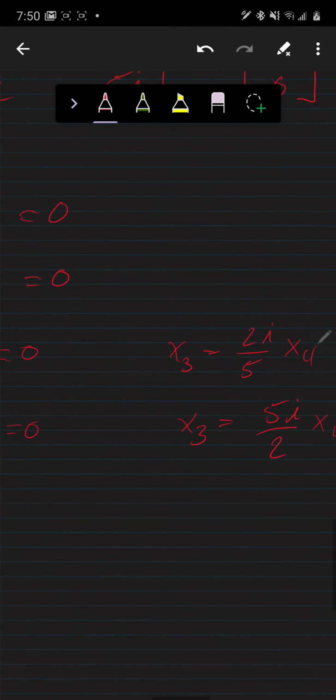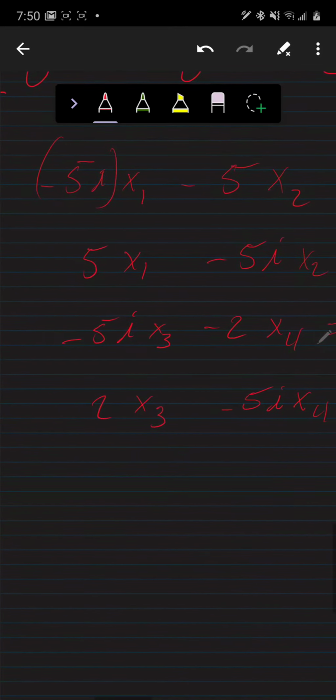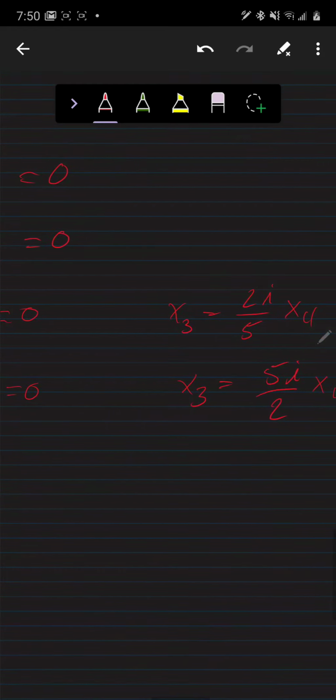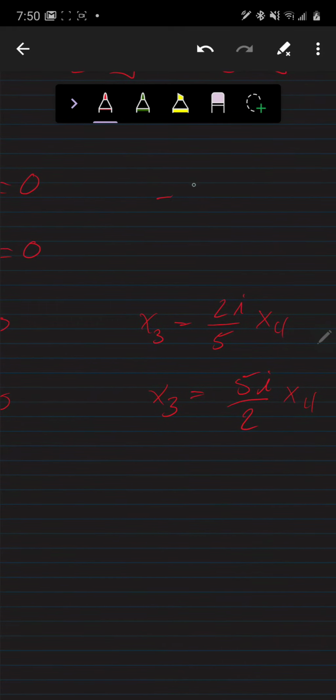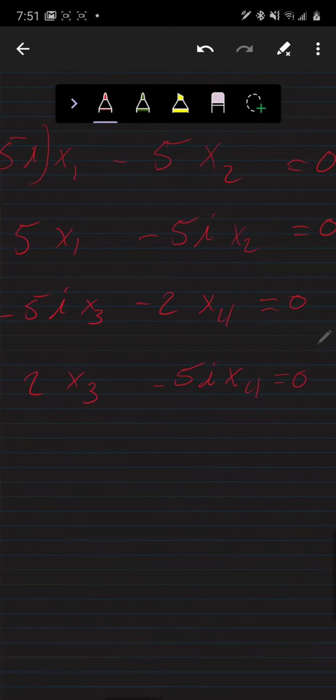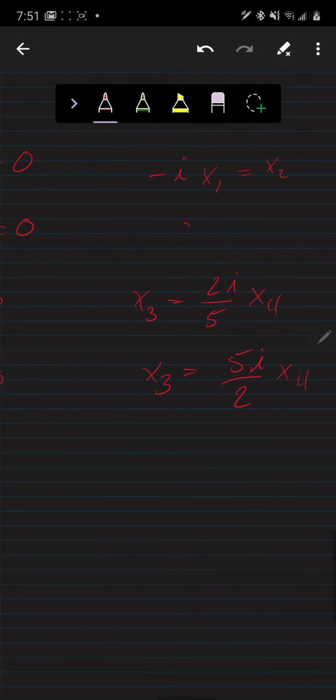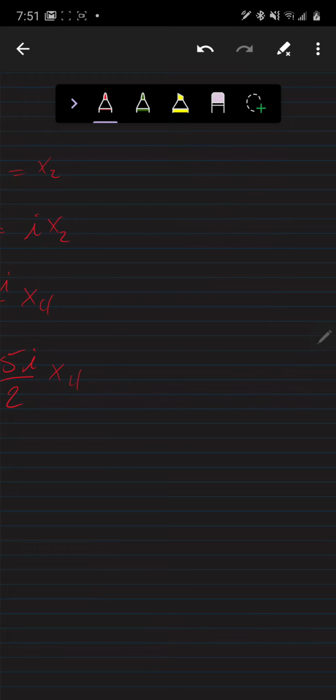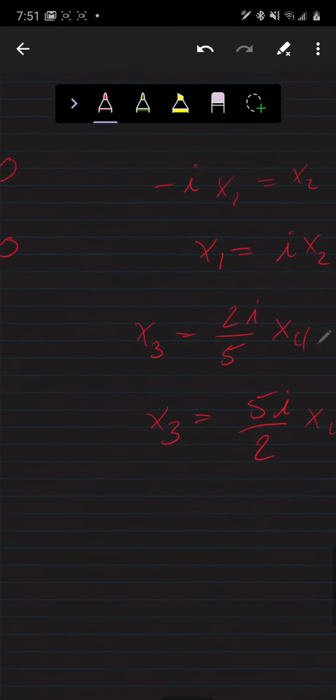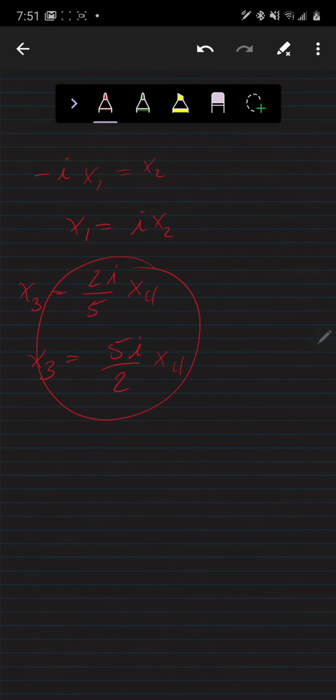Now for the first equation, I will try to find the equation which is negative i x1 equals x2. And then for this one, x1 equals x2. We're going to do the same as the other equation. So x3 equals 0, and x4 will equal 0.